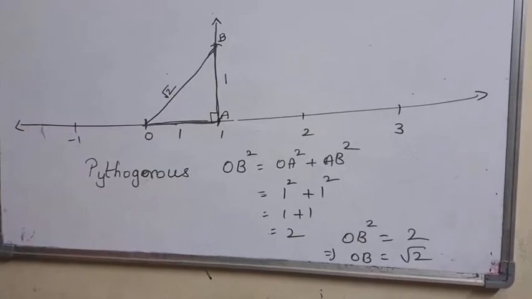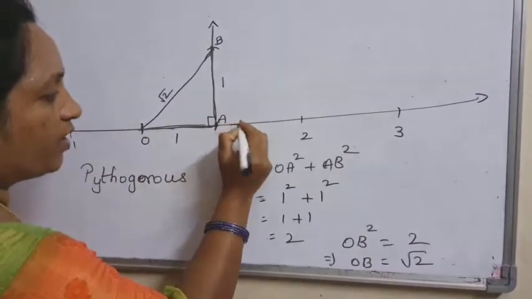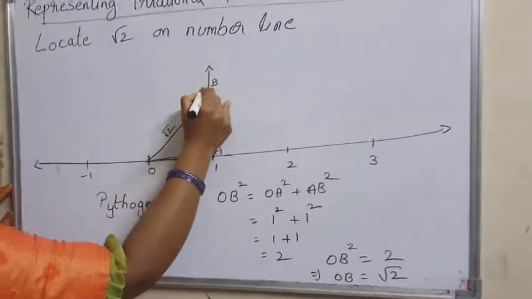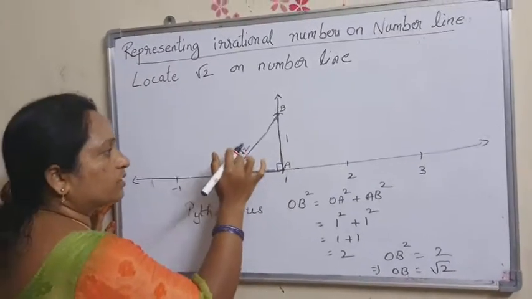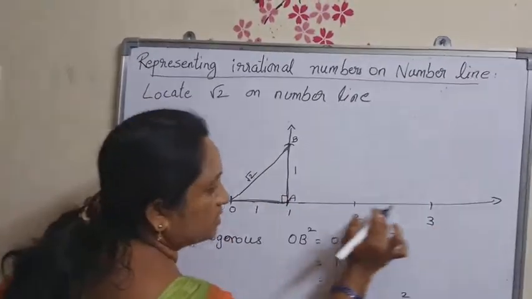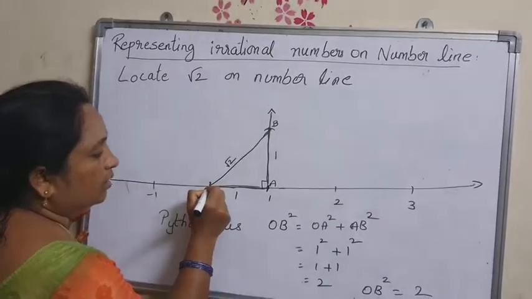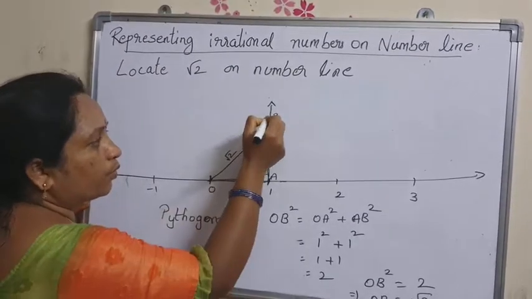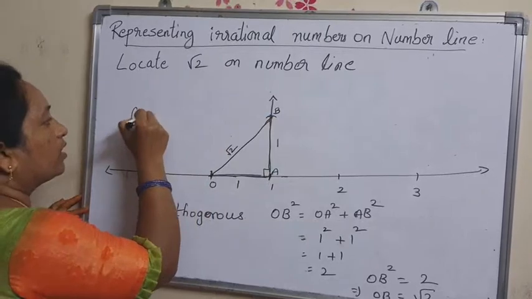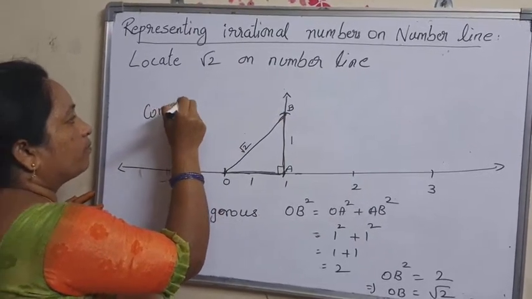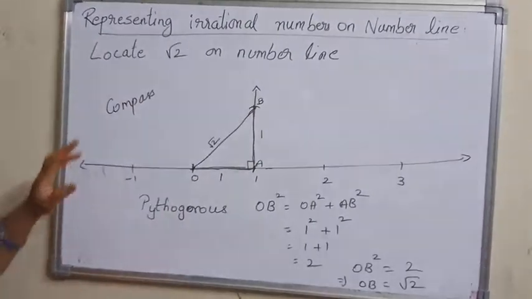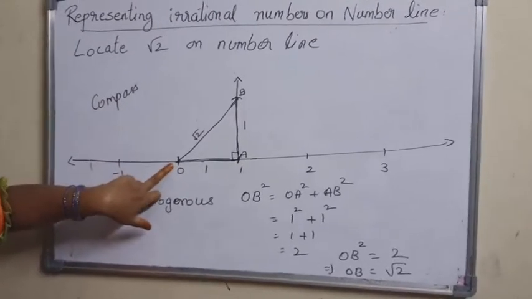Now this is not the exact point. We have to show this root 2 on this number line. How? Here we have to take the distance from O to B using your compass. Take your compass and put the metal point over here.